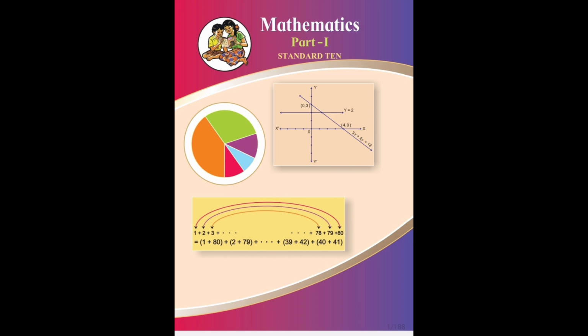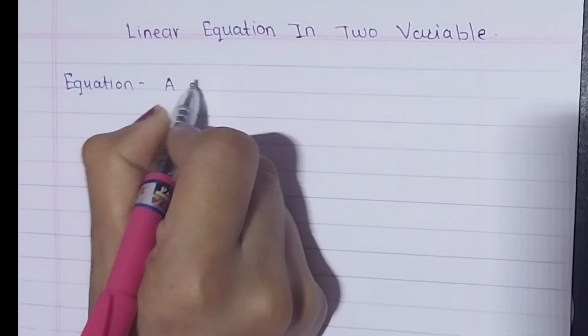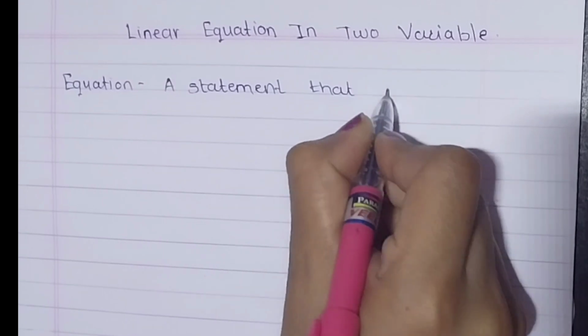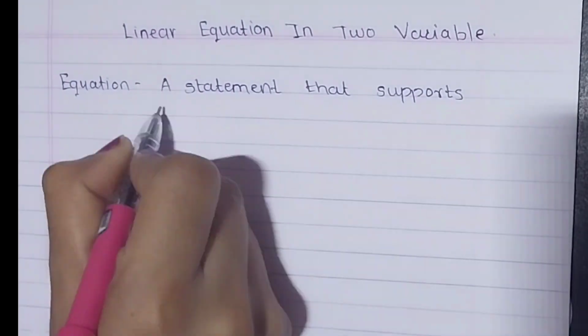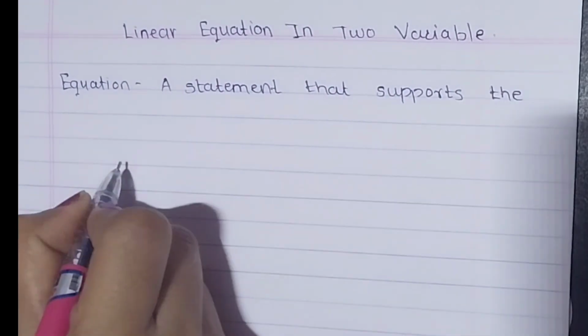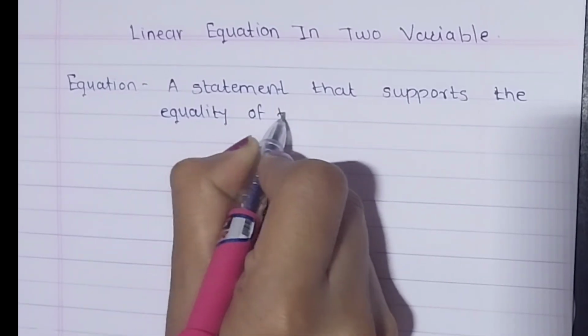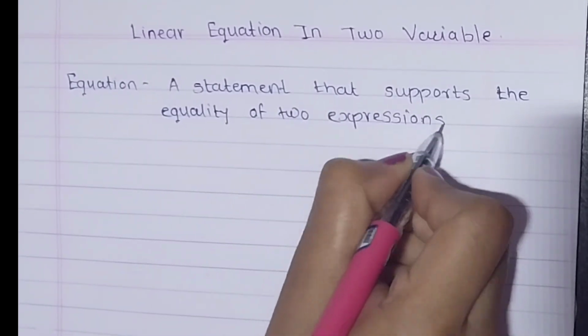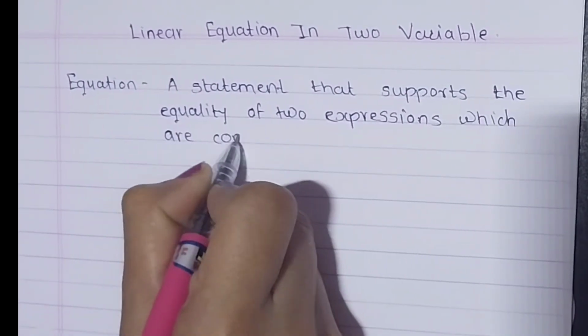Before starting this chapter, we see what an equation is: a statement that asserts the equality of two expressions which are connected by the equal sign.